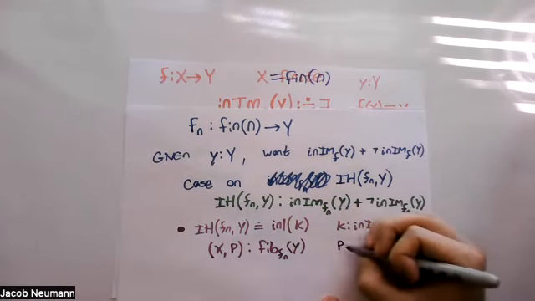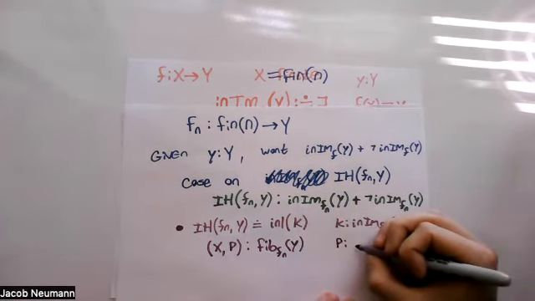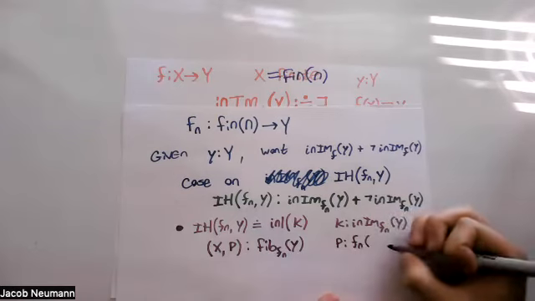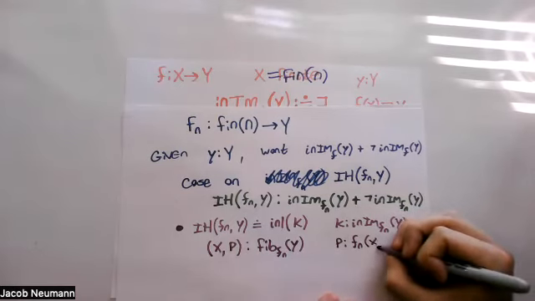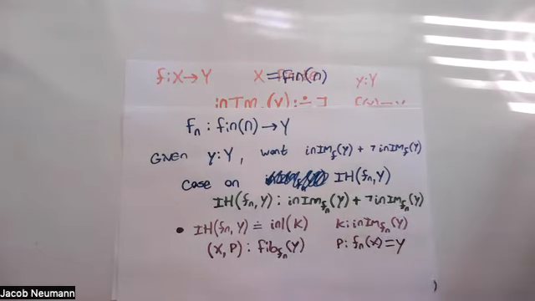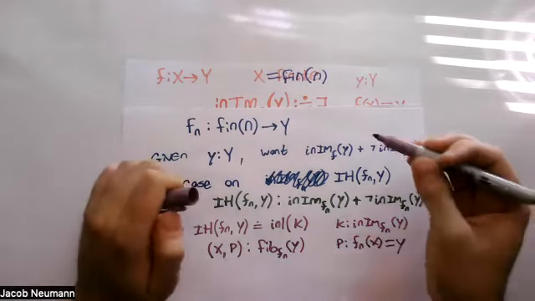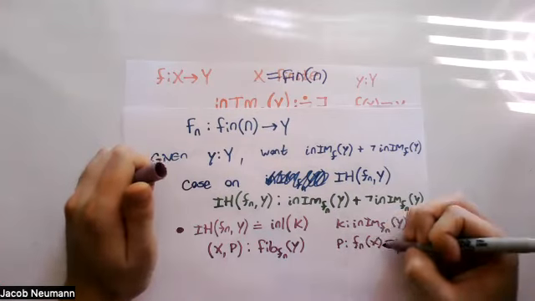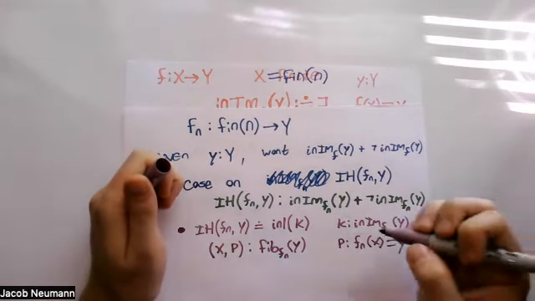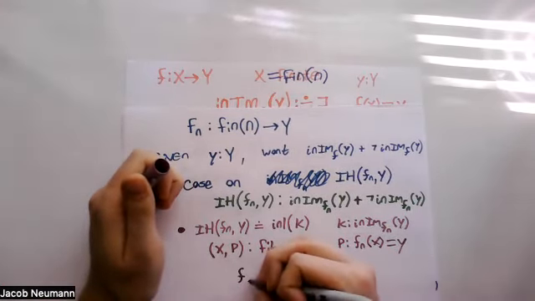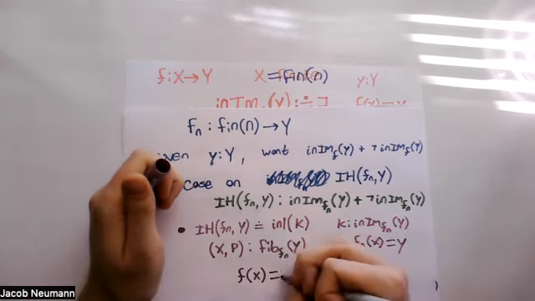So p says that Fn of x is going to be equal to y. Then if Fn of x is equal to y, then f of x is equal to y, right?